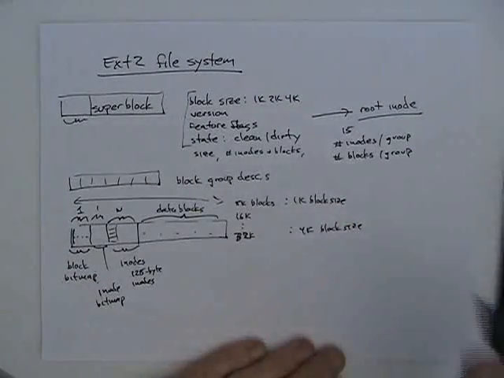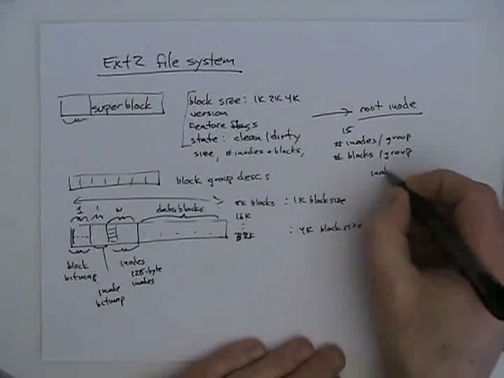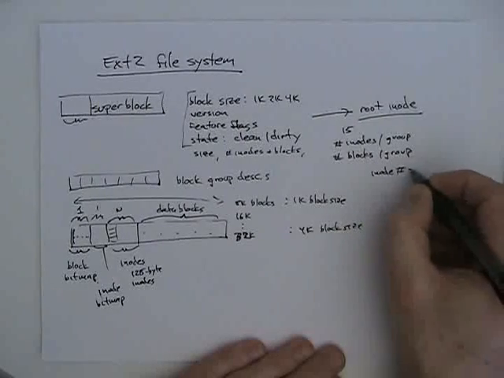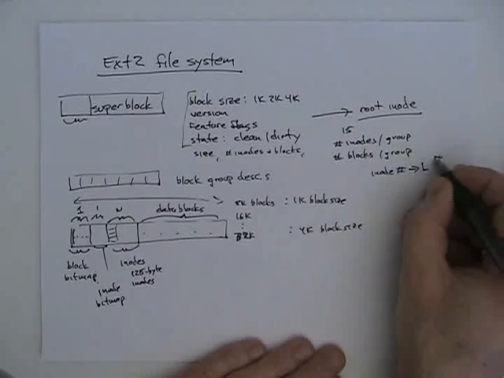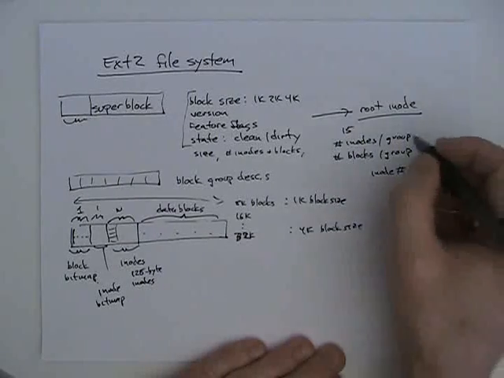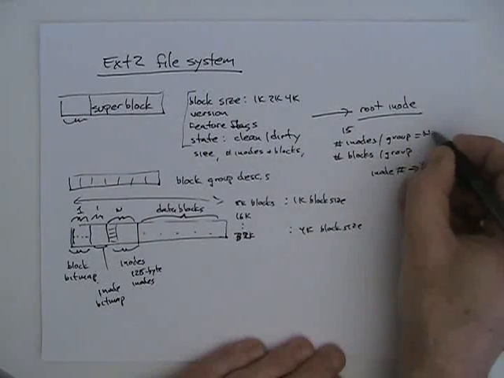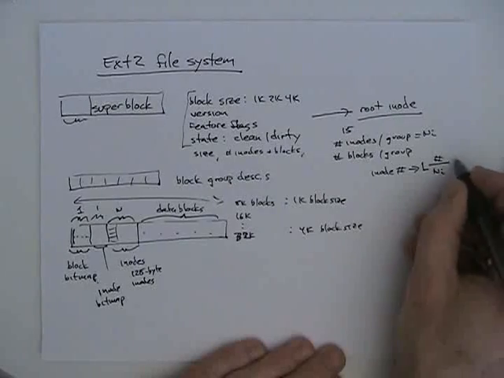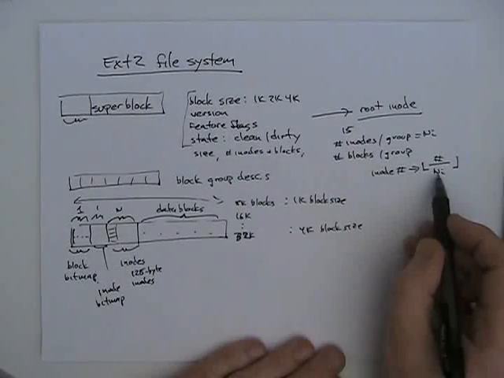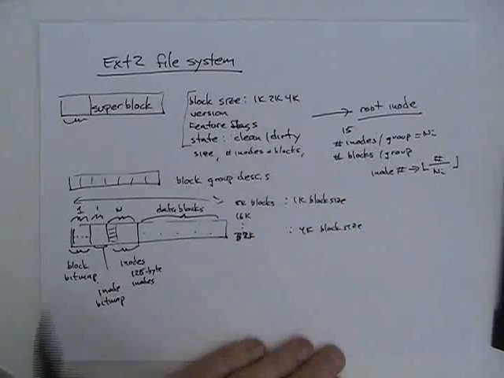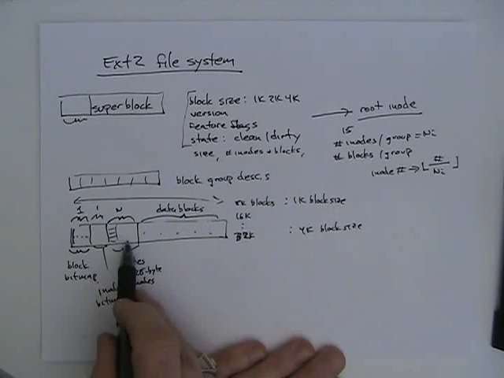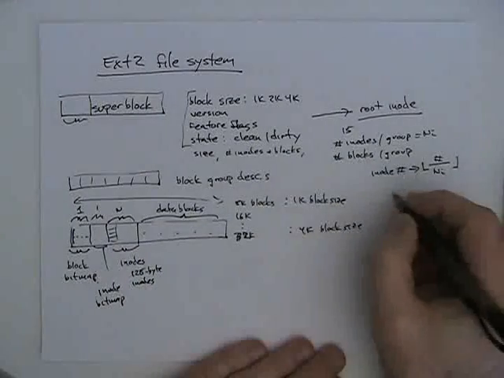And so, given an inode number, we just divide it by the number of inodes per group to find out which group the inode is in, and then we can go into the inode table for that group.